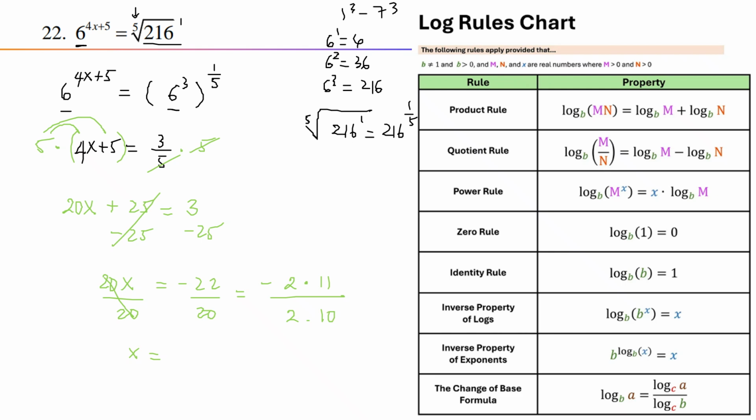This is the reason why I always ask my students to know your multiplication chart from 1 to 12. Because you may see something similar or familiar to those numbers in those charts, and you can cancel the 2. Now the final answer is negative 11 over 10.